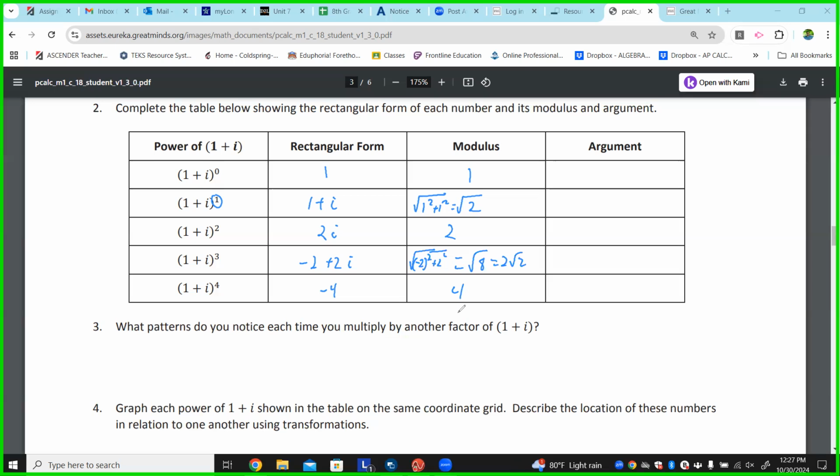Okay. Do you see a pattern here? What do you see the pattern as? Not quite. Okay, that's a pattern. Every 2 steps, what's happening? Every step?